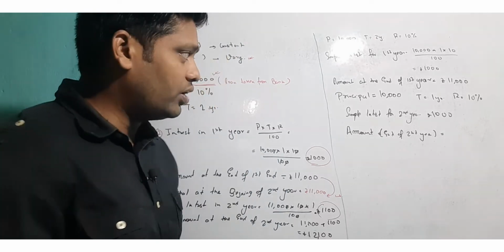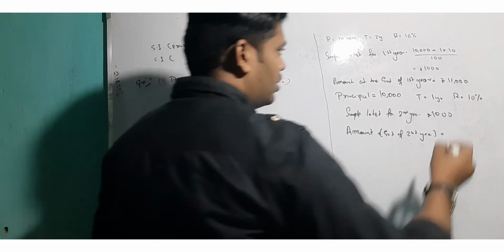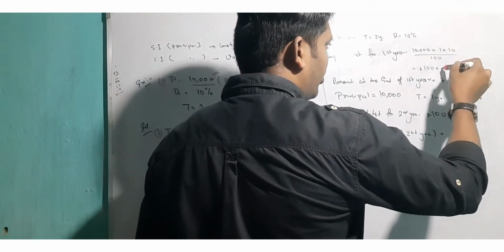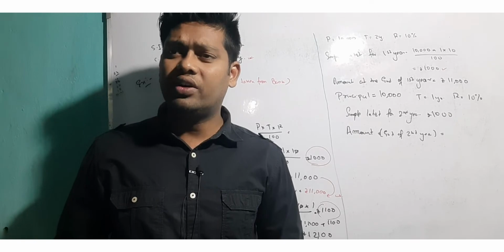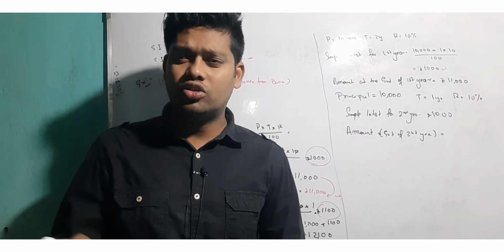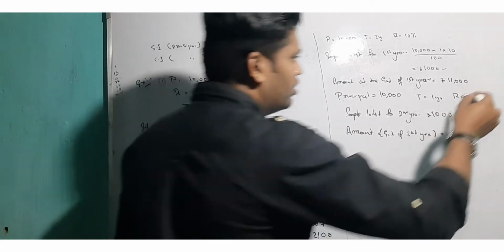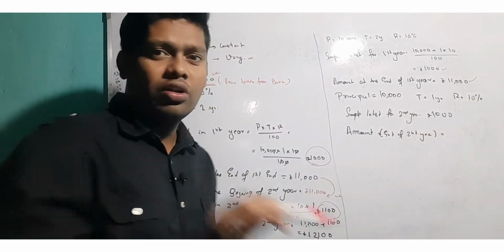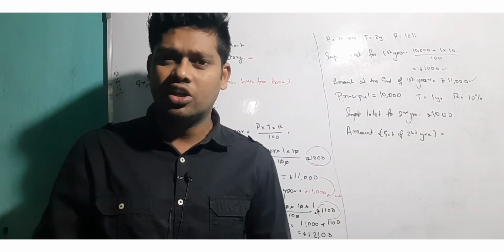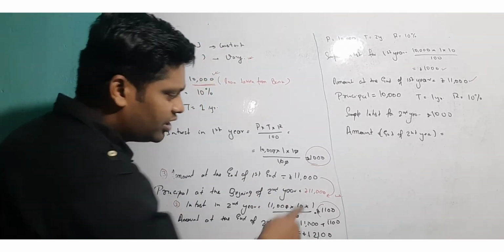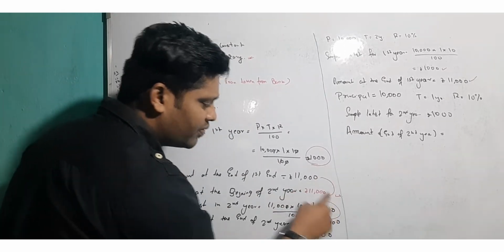See, you understand one thing: we got this 1,000. So what did we do with the 1,000? We added it to the principal so as to get the amount at the end of the second year. So we got 11,000. Did we use the 11,000 anywhere, or are we leaving it as it is? In the compound interest case, the 11,000 which we got, we used as the principal for the next year.